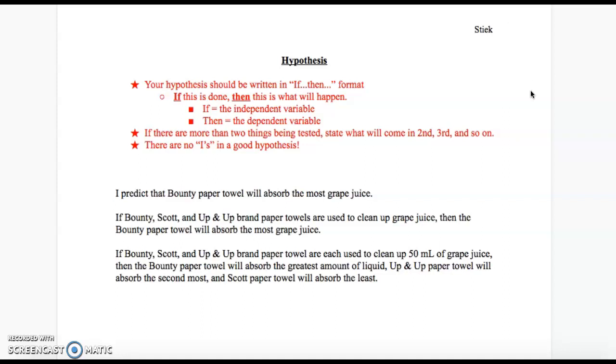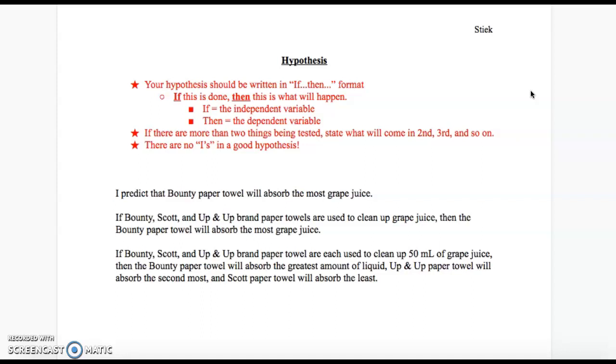A hypothesis is basically just a prediction, an informed prediction of what you think will happen as a result of your experiment. From this point on, when we write hypotheses, that's the plural of hypothesis, we want to use a specific format called the if-then format. In the if-then format, you start with an if, and the if is your independent variable.